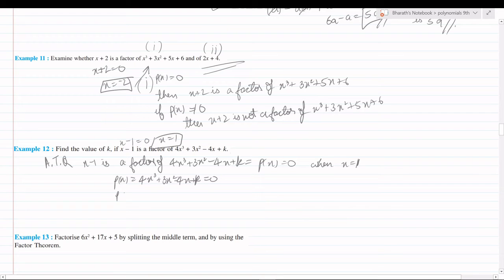Therefore p of 1 is 0. Put 1 in this: 4 into 1 cube plus 3 into 1 square minus 4 into 1 plus k is equal to 0. 4 plus 3 minus 4 plus k is equal to 0. So k is equal to minus 3.